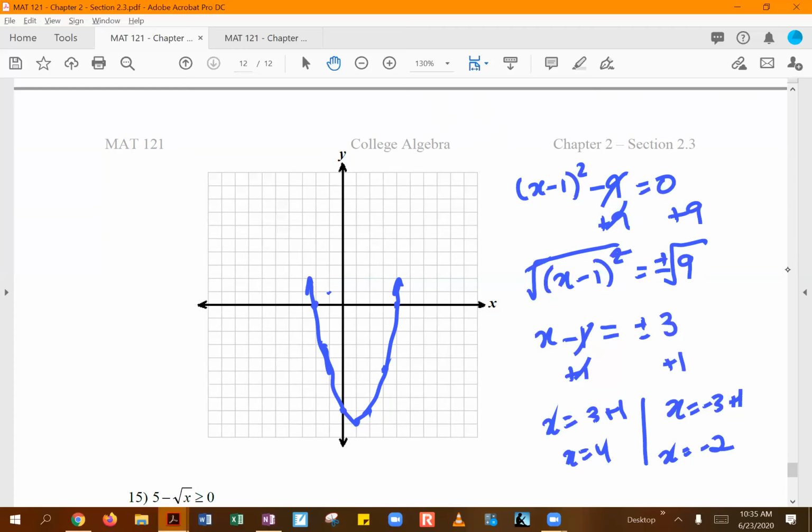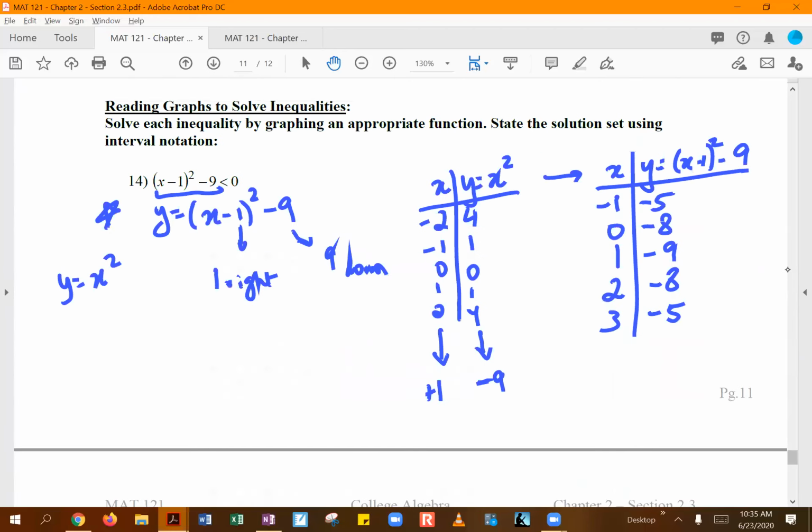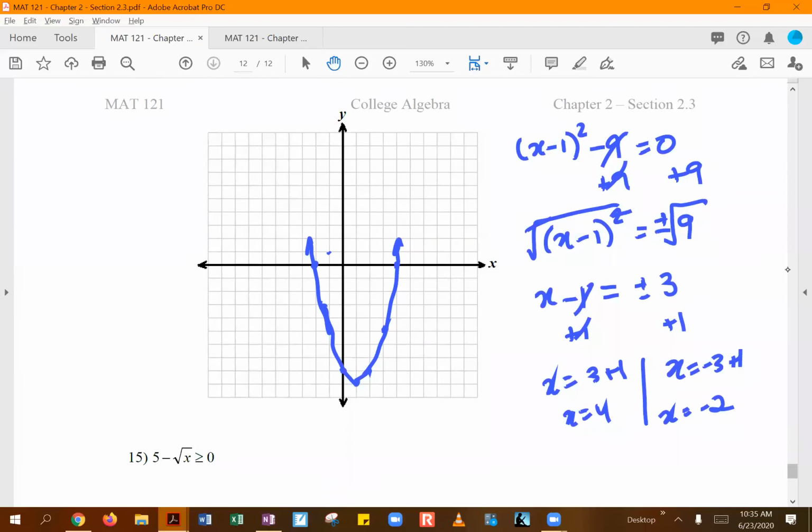So once you have your graph, the way you have to come up with your solution set is basically looking at the inequality. So here where they're telling you that this inequality x minus 1 squared minus 9 is less than 0, they're basically asking you where all the y values on this graph are going to be less than 0.